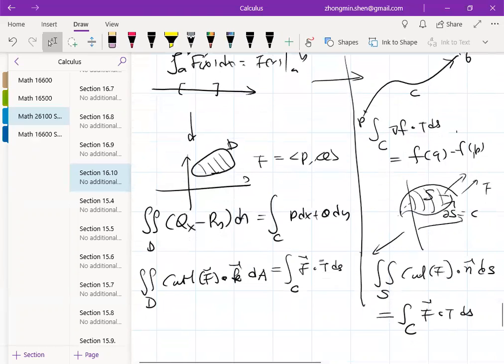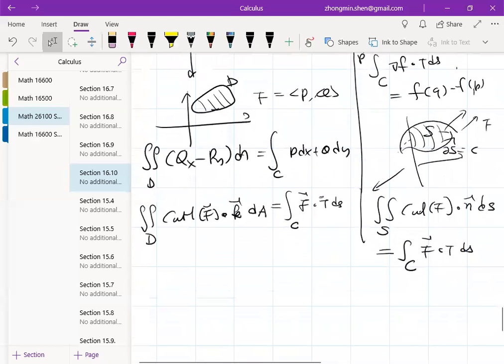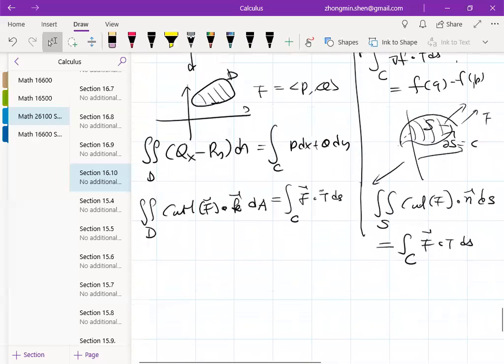Maybe you can change it to a surface integral, but the surface integral is still not as simple. Okay, there are a few choices here. So let's try the following. Problem number 32.